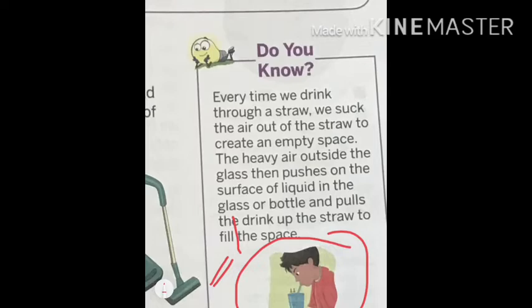So what happens when you suck through the straw? You are sucking all the air from the straw. Now the straw is empty. Now outside there is air, no? So this air will put pressure on the liquid here, and that will cause the liquid to rise up in the straw, which has vacuum, which was created by you.